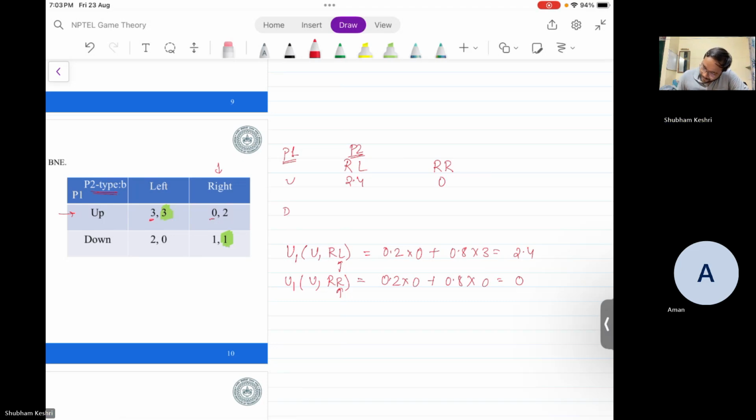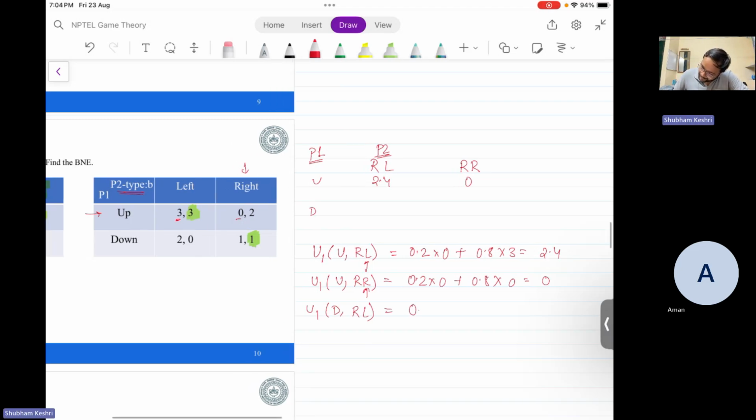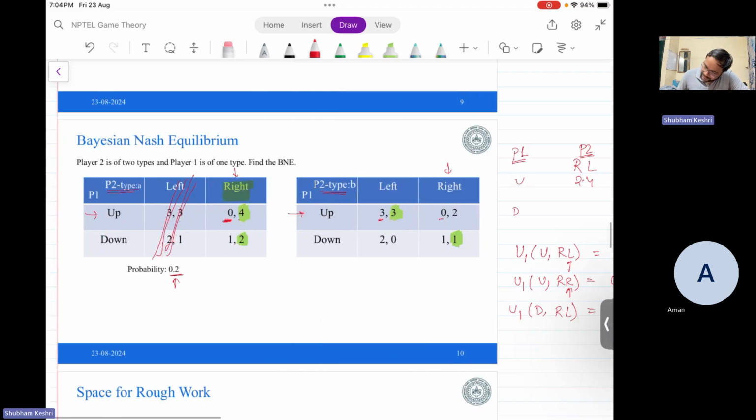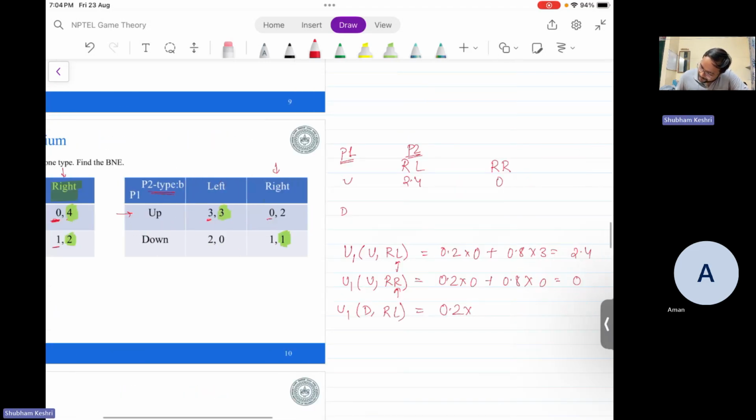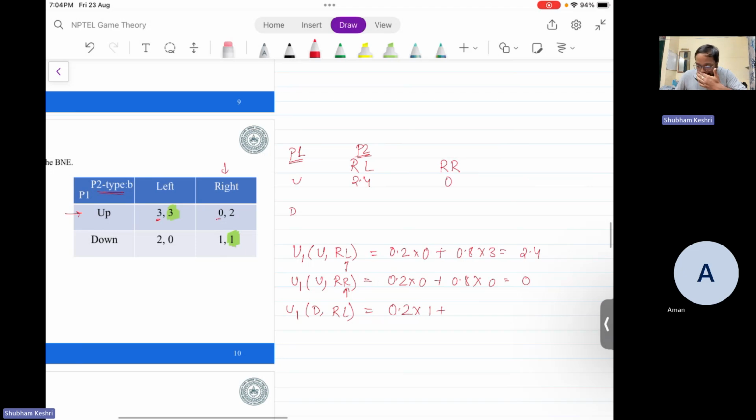Again, the utility of player 1 when he plays down and the other player is playing RL. This will become 0.2 times, where he is playing down and the other player is playing right, which is 1, plus 0.8 times. Why 0.8? Because the probability that player 2 is of type B is 0.8.